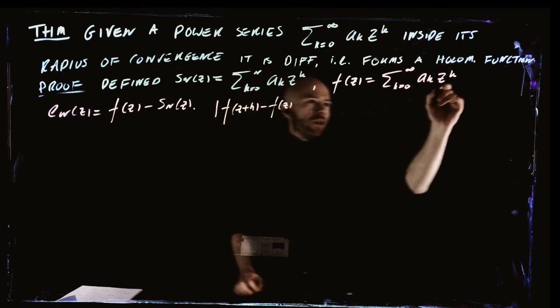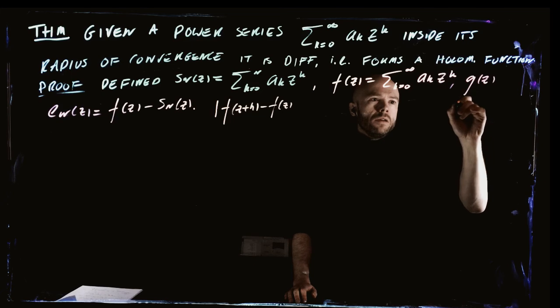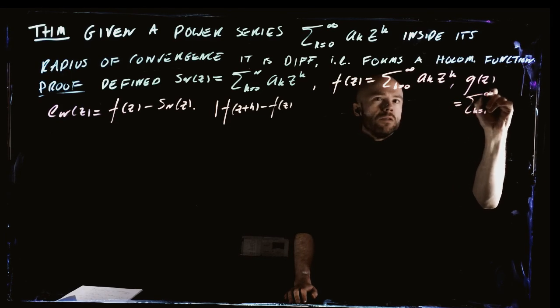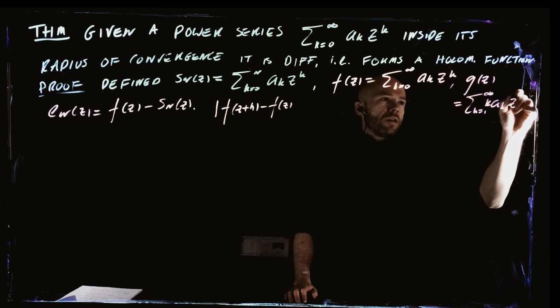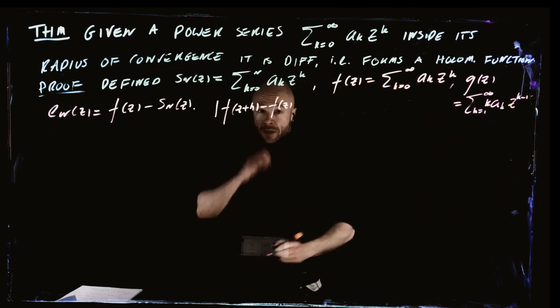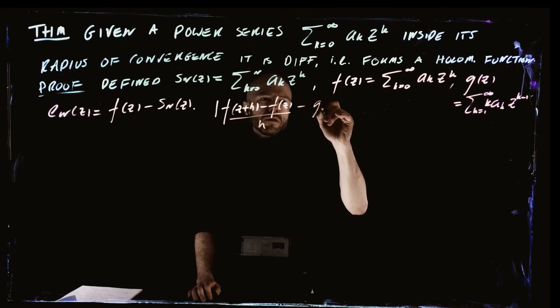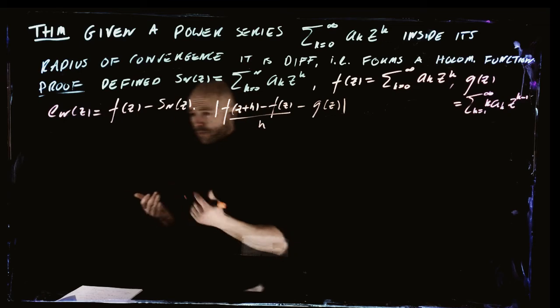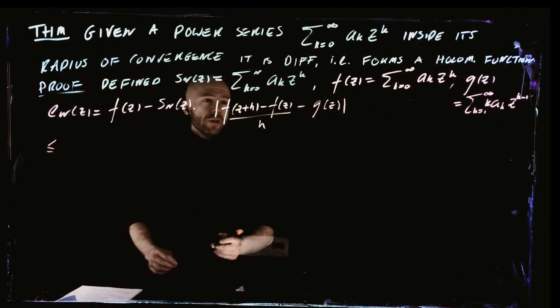We also defined g to be the derivative. So g(z) is the sum from k equals 1 to infinity k a_k z^(k-1). So we defined this thing like this, and we broke this up into various little pieces.